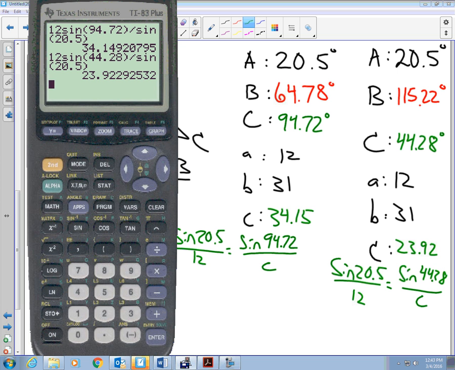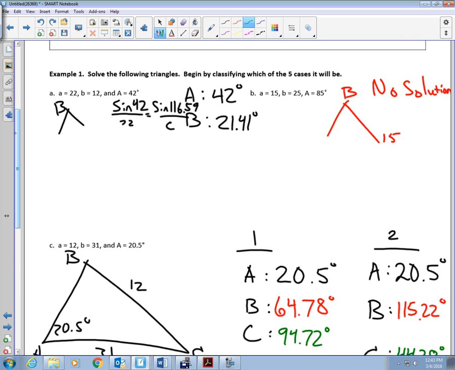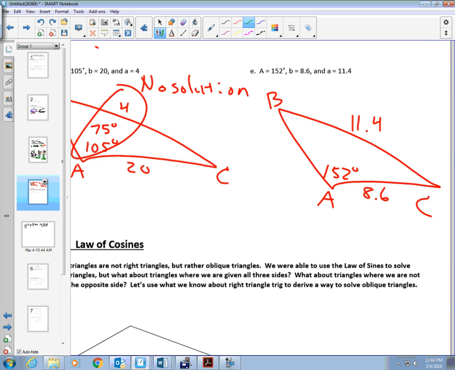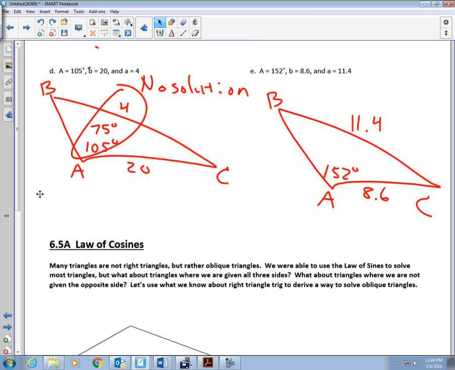Part of what I want you to know is that in all these triangles, we started with the angle being an acute angle. I told you the whole trick is to try to force out the obtuse angle. So flip it over, you'll see the obtuse.